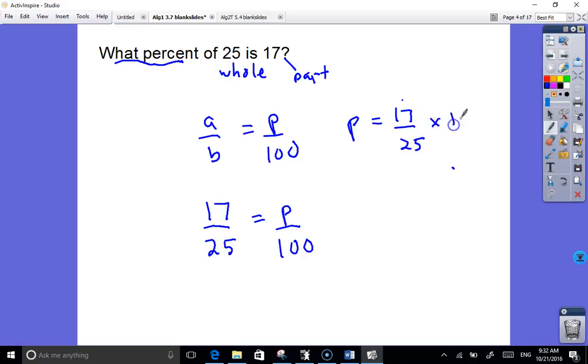Now what Connor was just saying is, why don't you just do 17 divided by 25? Well, what is 17 divided by 25? It's 0.68. That's not a number between 0 and 100, that's not a whole number. That's the decimal form of the percent. Then when you multiply times 100, you get 68. So it's 68%.